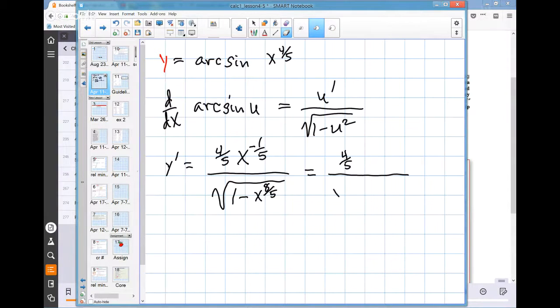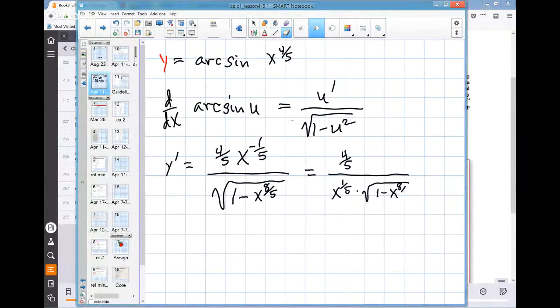And then we've got this thing, we should simplify this. So 1 minus, what can we do with that? Can we bring that together? Yeah, there's not much we can do with that, is there? So square root of 1 minus x to the 8/5.